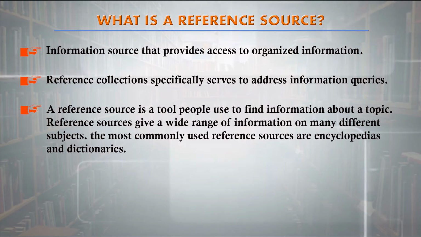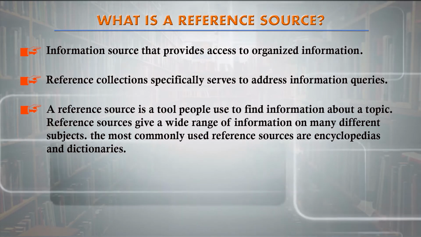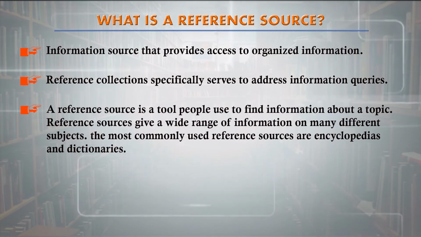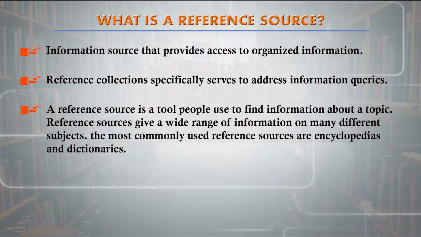The most commonly used reference sources as far as libraries are concerned are encyclopedias and dictionaries, because generally we are more familiar with these. So, these are the most widely used reference sources in the reference collection.